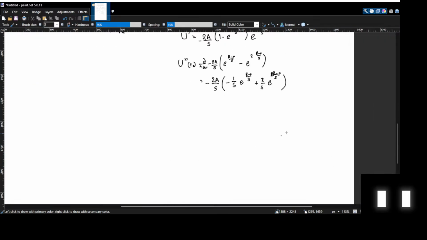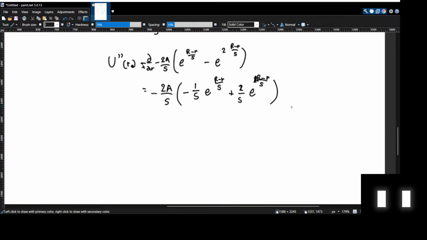And then we're going to end up with this whole thing, which we can change into, I can distribute the negative signs. So we'll end up with 2a over s squared times e to the R minus r naught divided by s plus 2e to the 2R minus r naught divided by s.